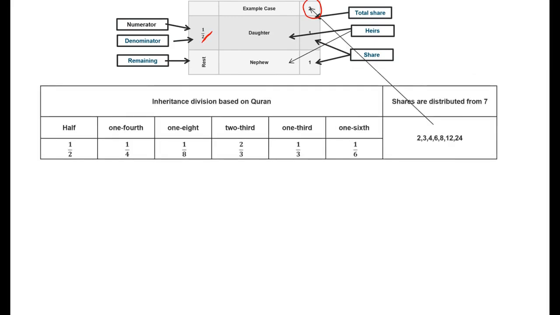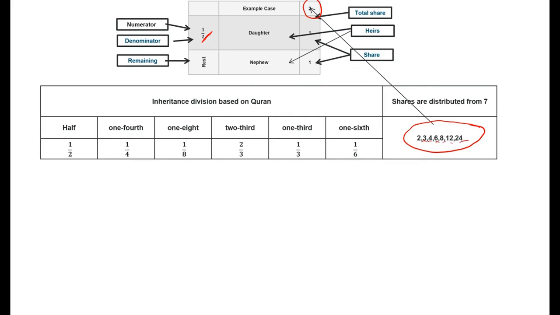The total share in any case can only be from one of these numbers. Currently we have 2 as our total share. It can also be 3, 4, 6, 8, 12, or 24.